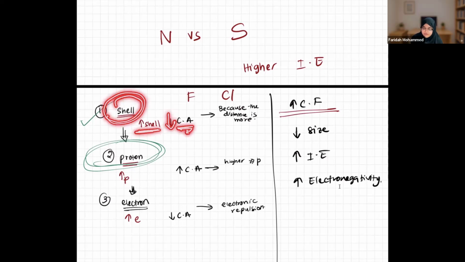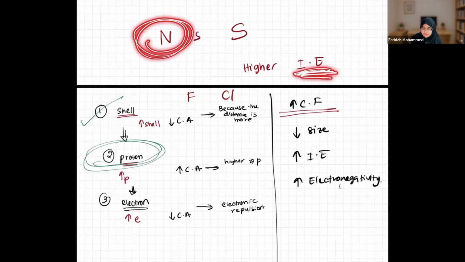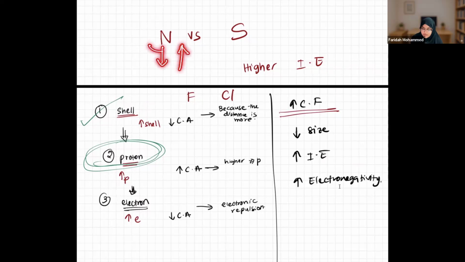Or you can say, because we want to say which one has higher ionization energy, because nitrogen has less number of shell, the Coulombic attraction is higher in nitrogen. With a high Coulombic attraction, the ionization energy is also more compared to sulfur. That's it. Okay? Does it make sense? Yeah? Okay.